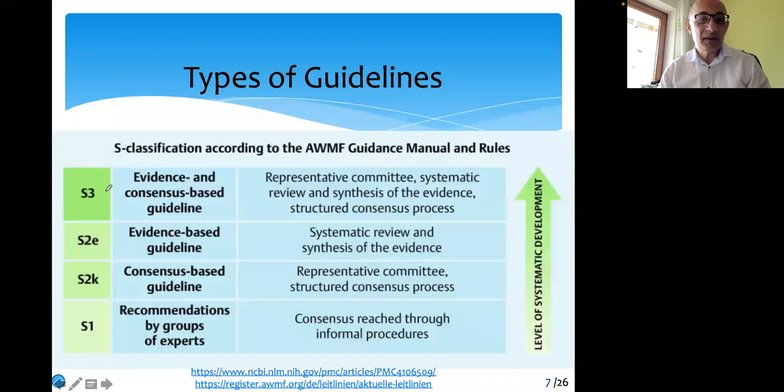And then we have the best guidelines, which are called the S3, evidence and consensus-based guidelines, which take care of the presence of the evidence, but they are also involving the expert consensus. So 4 different types of guidelines, actually S2 consensus and S2 evidence-based. So it could be also said that we have 3 different types of guidelines regarding the level of systematic development, of course.